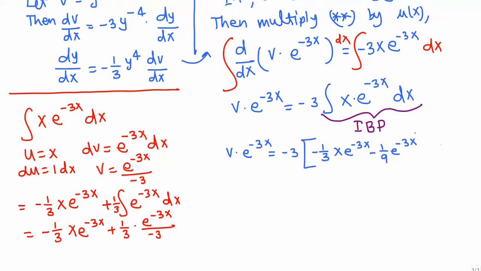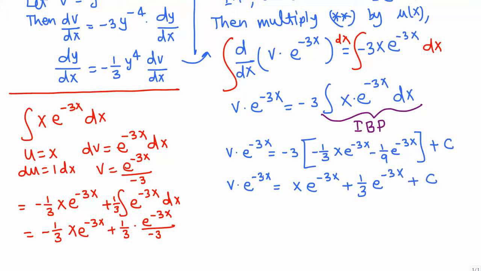We can write the constant of integration, plus c, outside. Let's simplify. So v times e to the negative 3x equals, distributing negative 3, x e to the negative 3x plus 1/3 e to the negative 3x plus c.